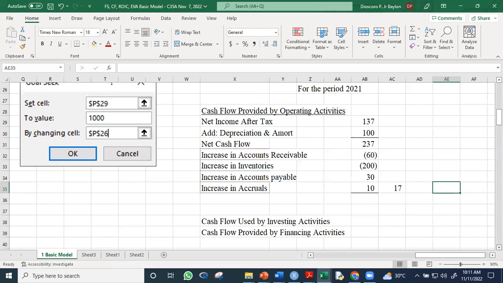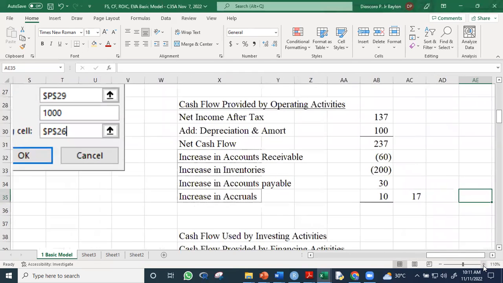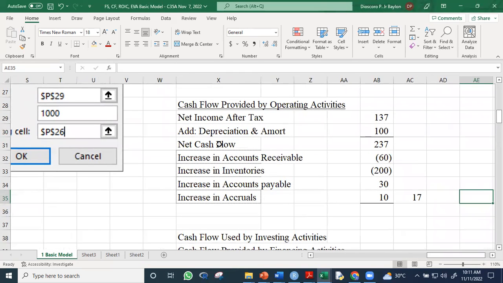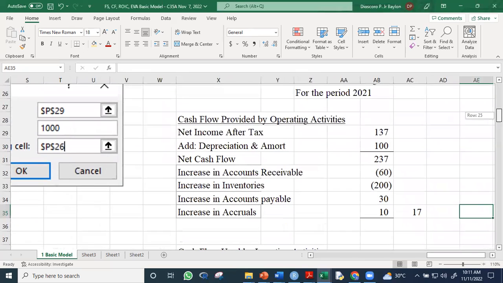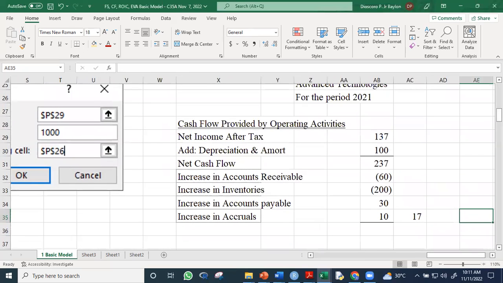So when you're done with that class, kindly please chat so that I know if you're able to follow. So preparing the formal statement of cash flows becomes very easy because we have already done the parts.